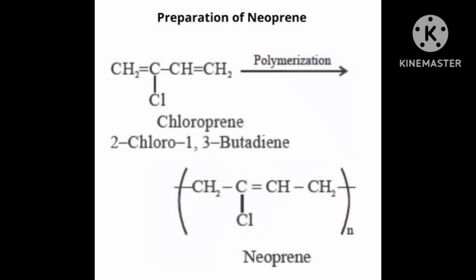CH3 joined with second carbon in the place of H, correct? Then third carbon has CH, H, and after that third and fourth double bond is there, that is the CH2. But this is actually isoprene unit.